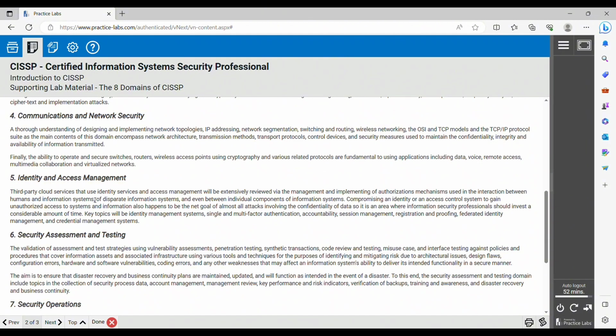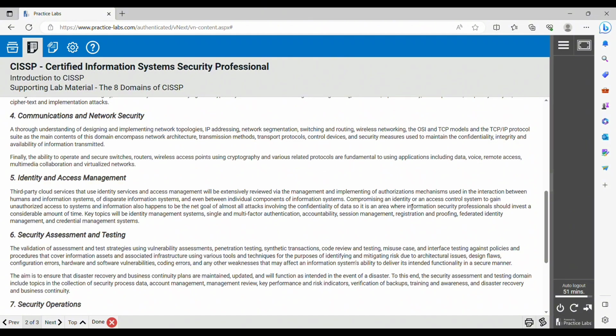Third-party cloud services that use identity services and access management will be extensively reviewed via the management and implementing of authorization mechanisms used in the interaction between humans and information systems, between disparate information systems, and even between individual components of information systems.